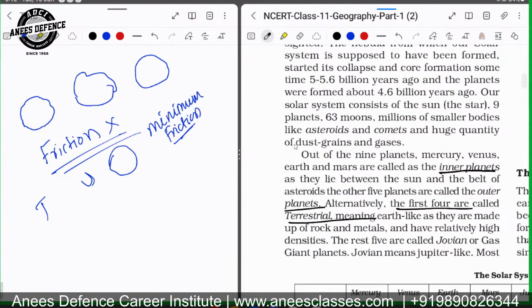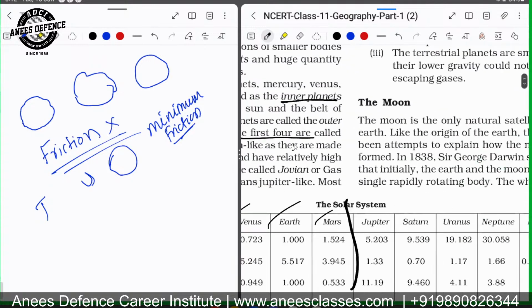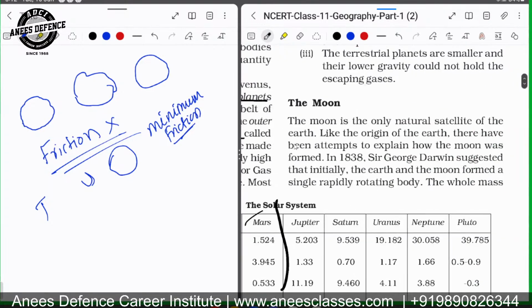The first 4 planets, which are Mercury, Venus, Earth and Mars, are called terrestrial planets, or they are also called the inner planets. Okay, and Jupiter, Saturn, Uranus, Neptune, these 4 planets are called outer planets.